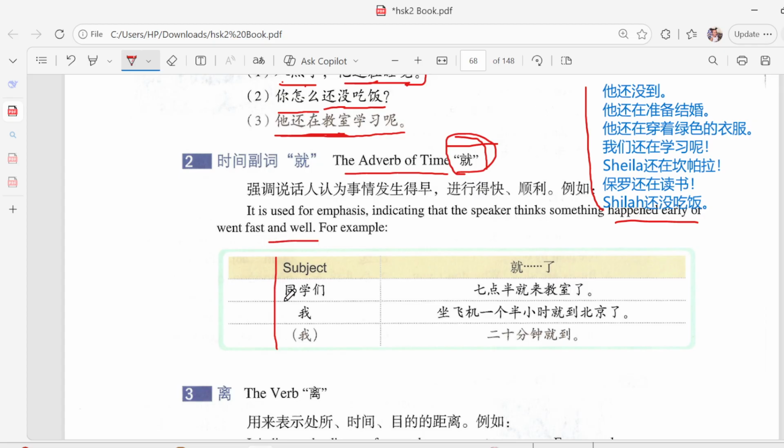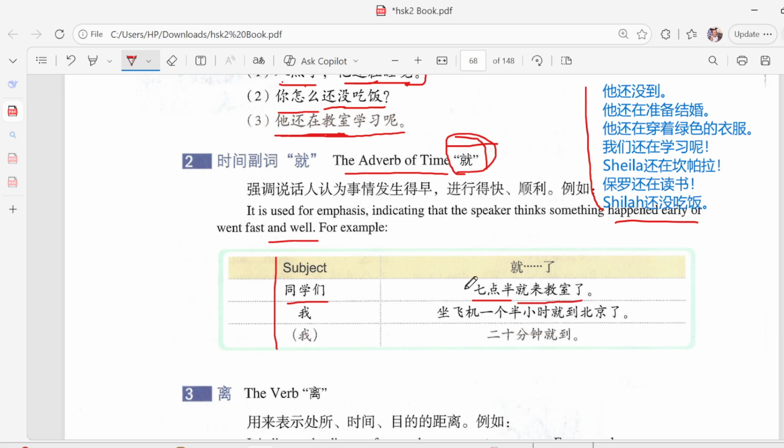For example, 同学们. What is 同学? Classmate. 同学们 can also mean students. 同 is like we are the same, so if I say 同学们, I'm not excluding myself. 同学们 is the subject, and then 7点半, that's 7:30. 7点半就来教室了.